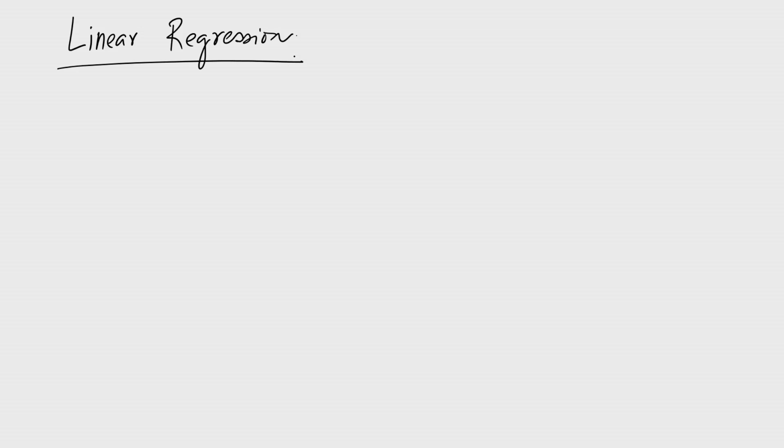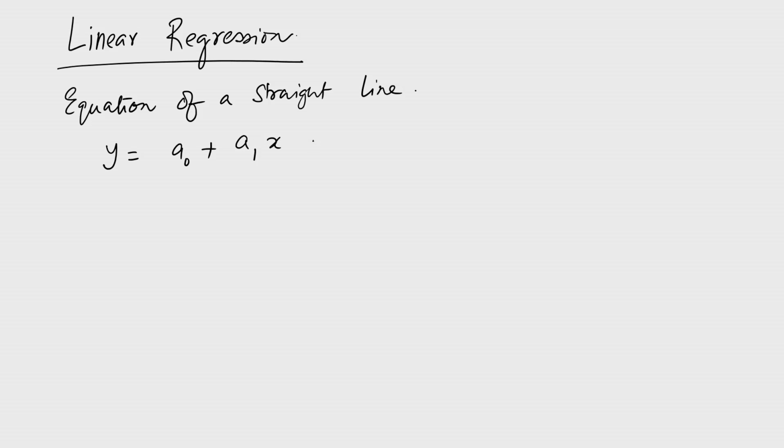Okay. So, we know that the equation of a straight line is nothing but y equal to a naught plus a 1 x plus some e. We do not usually write it with an e, we write it simply as a 0 plus a 1 x, where a 0 is the intercept on the y axis and a 1 is the slope.